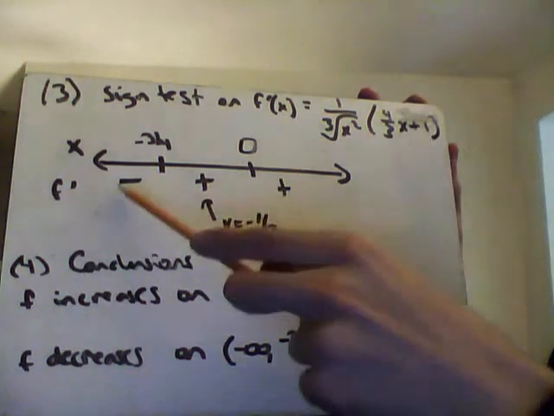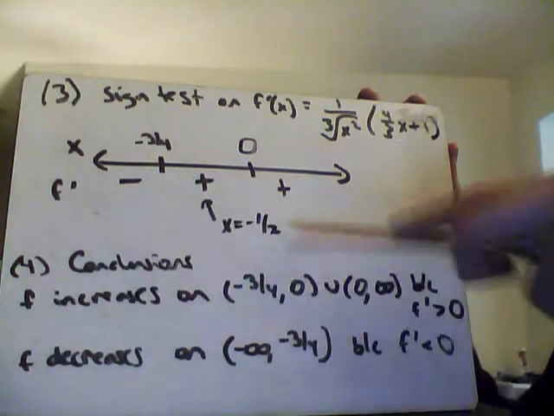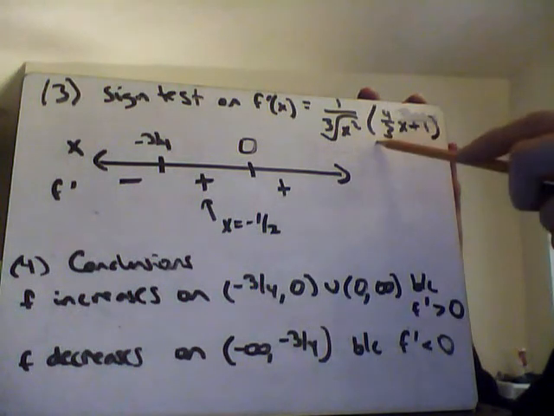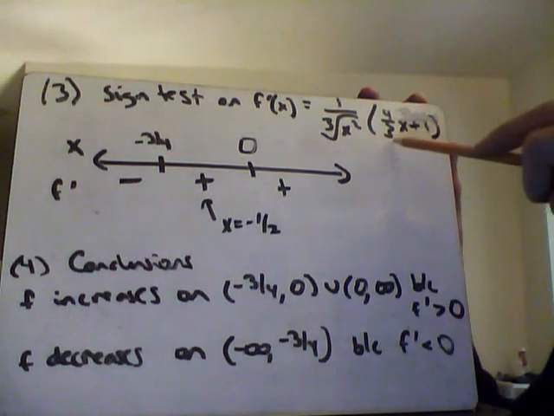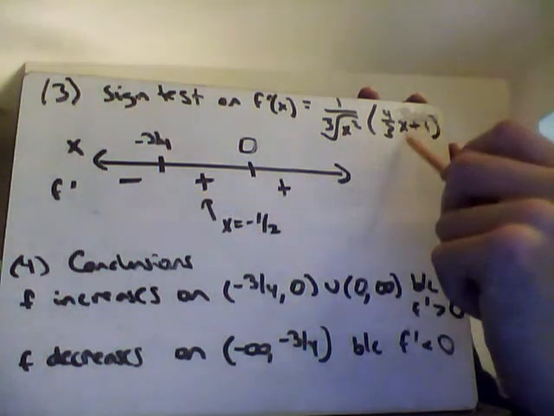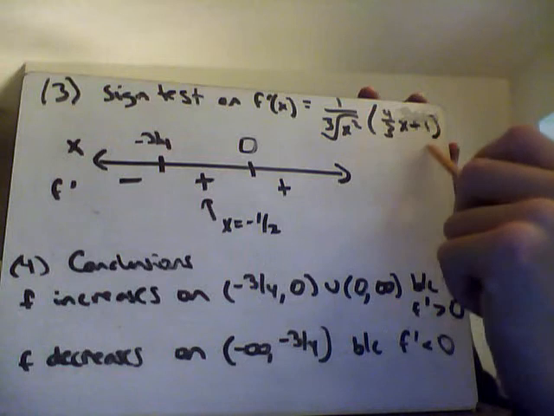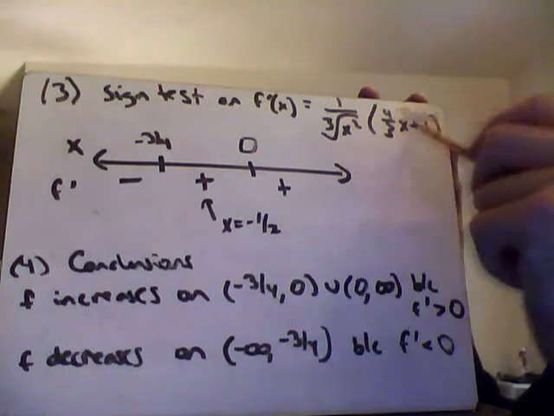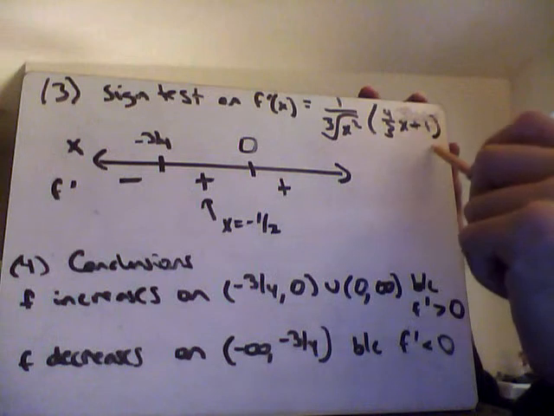A positive times a negative is a negative. If we try x is equal to negative 1/2, we're going to get a positive, of course, still here. And when you work this out, you're going to get a positive in here. Overall, you're going to have a positive number. You might find it helpful to work that out yourself. When x is bigger than 0, we're going to get a positive here and a positive here because everything's positive anyway.